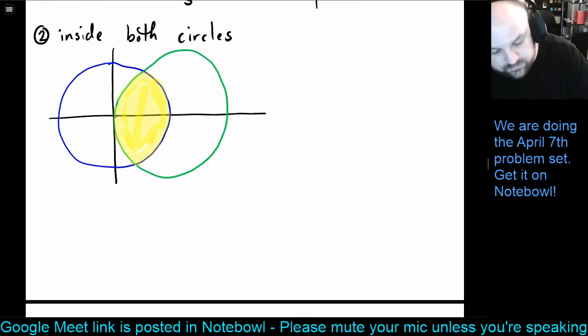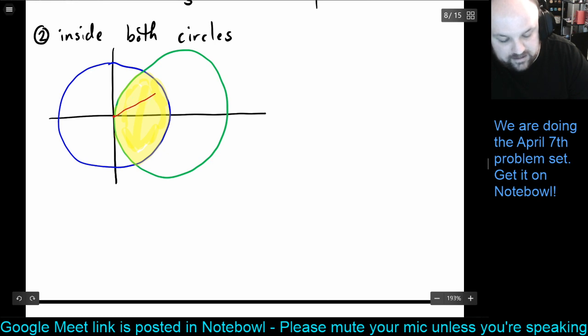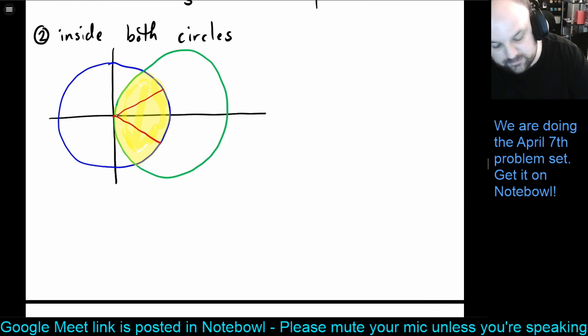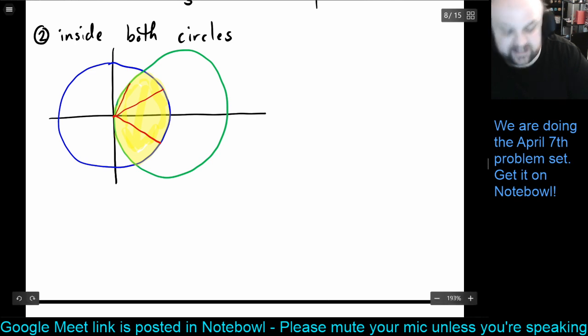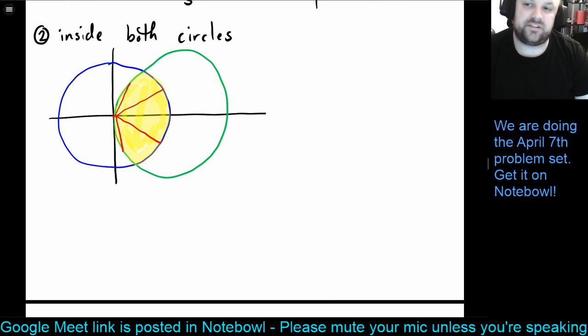So, we're always going to start at the origin and move our way out. So here we start at 0, end at the blue. Here we're starting at 0, ending at the blue. But if I take a really steep angle, I'm actually ending on the green curve there, and going down, I actually end on the green curve there as well. So I'm always starting at the origin, even though the green curve does go through the origin.